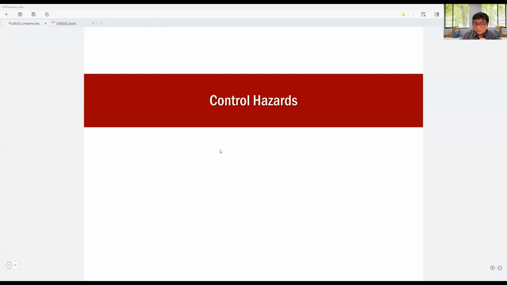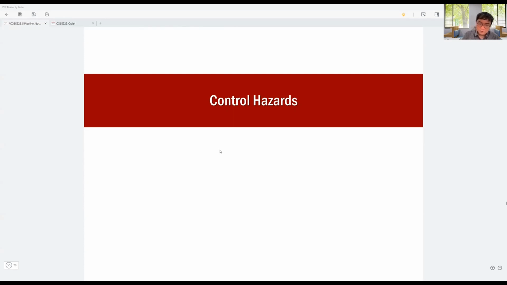The next topic of the pipeline processor is the control hazard. What is the control hazard? In the previous topic, we learned how to handle data hazards. Data hazard means that clock cycles are wasted due to data dependencies.